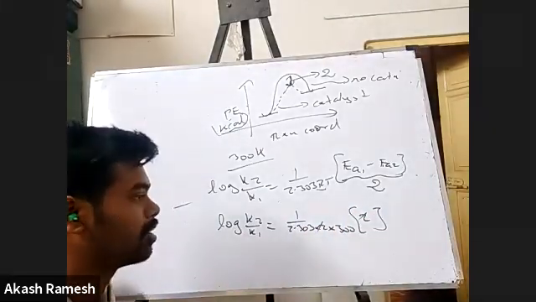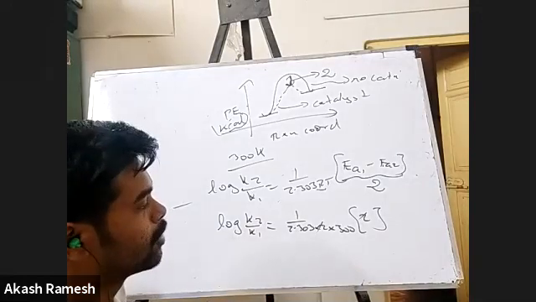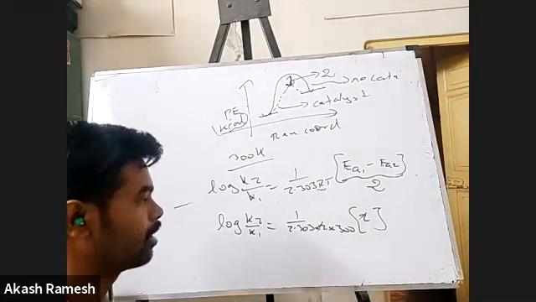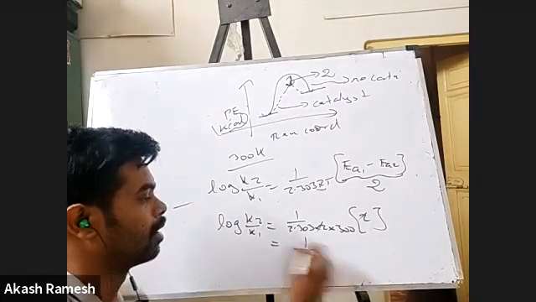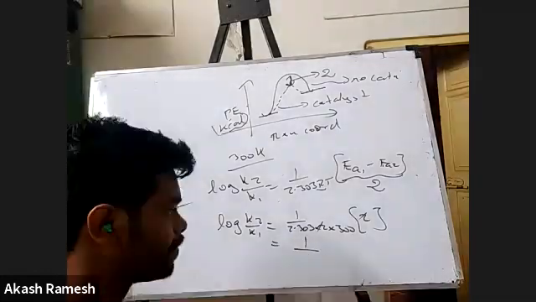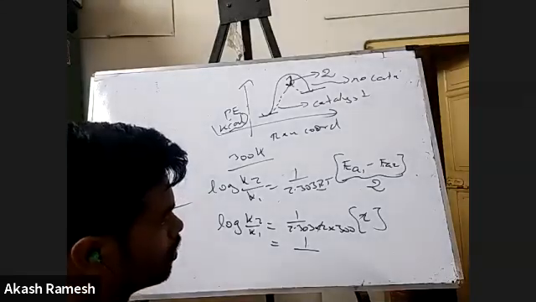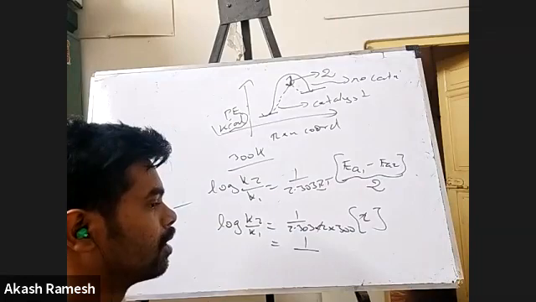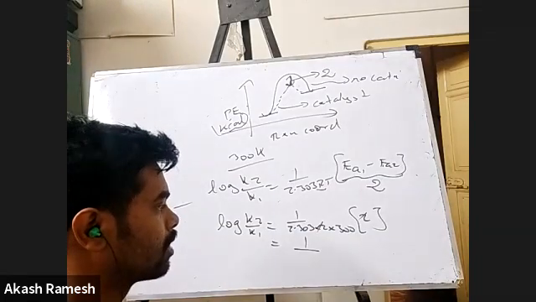So it is basically going to be 1 divided by 2.303 into 300. So approximately, if it's 2, it will become 600. So it will be 600.